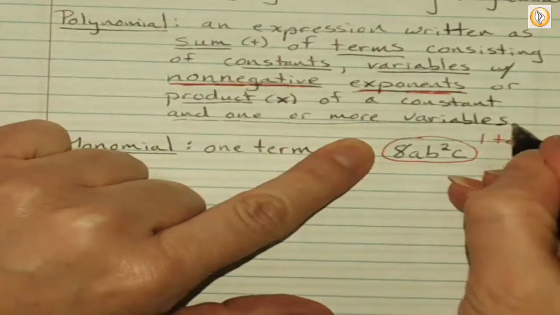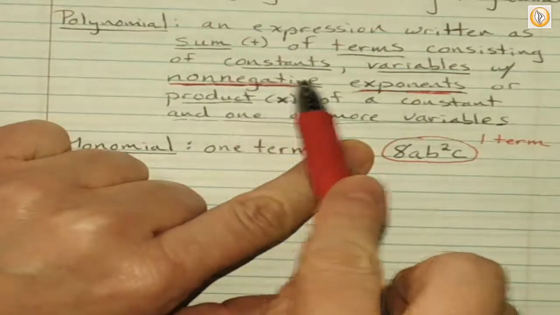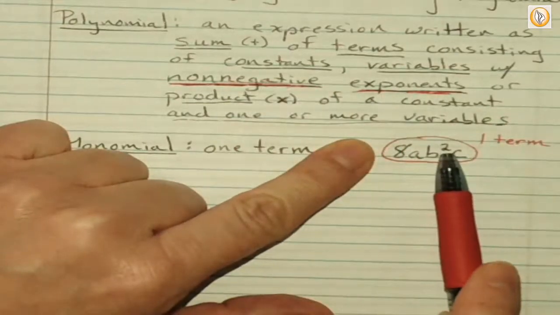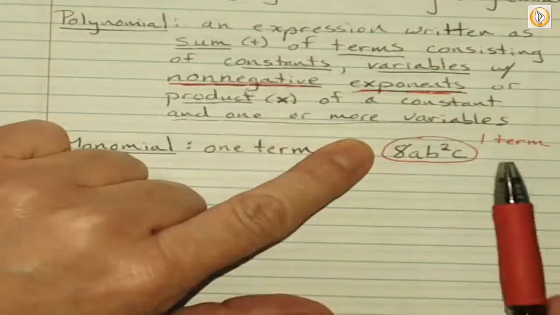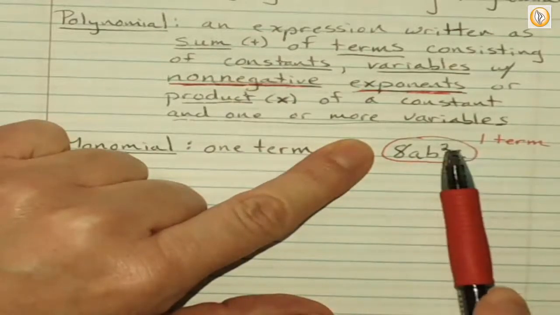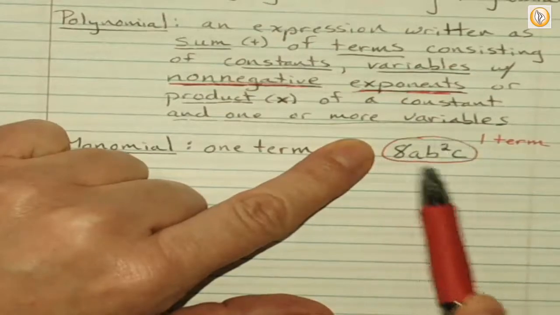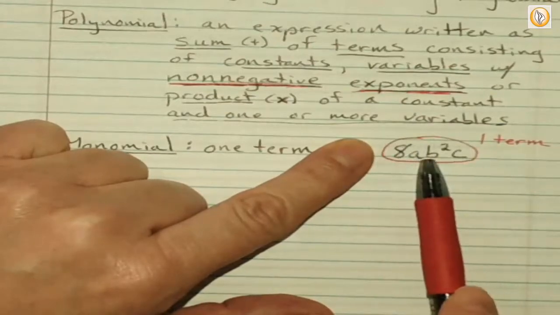I have my variables and non-negative exponents. I don't know why they don't say positive. Okay, non-negative. So it means positive. So this is one term.